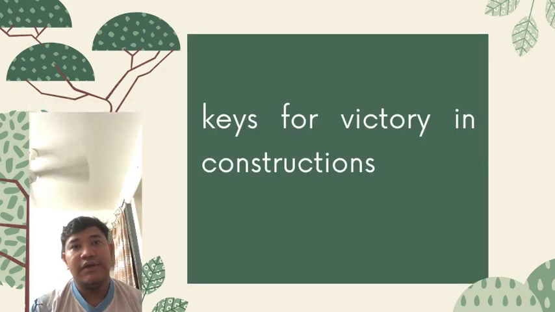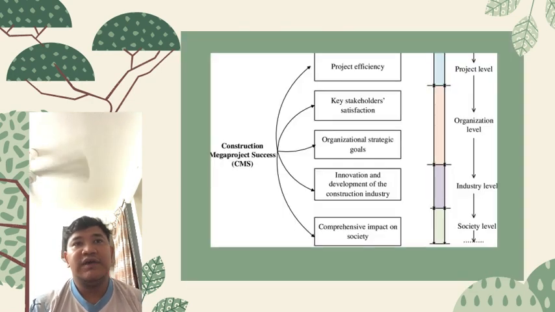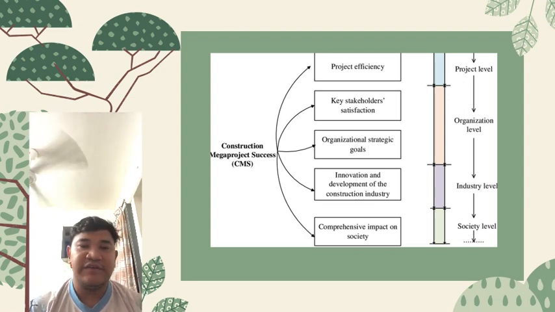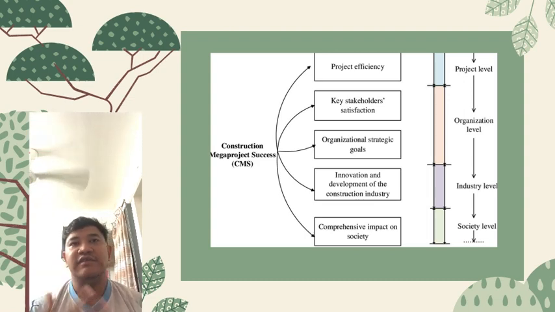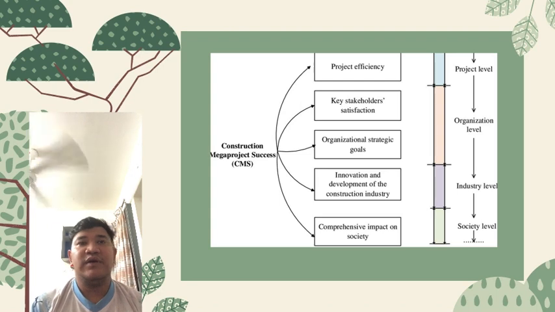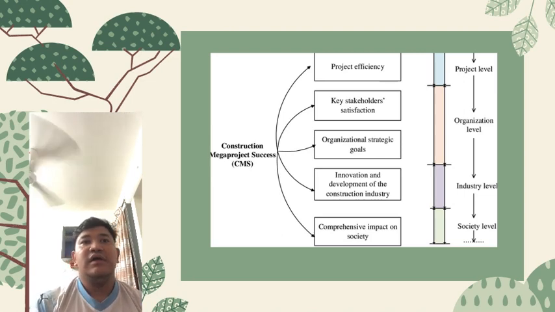For the last one, I want to tell about the keys to success in construction. For a construction mega project, success is project efficiency, which is on the project level; key stakeholder satisfaction, which is on the organization level; and organizational strategic goals, which is also on the organization level.